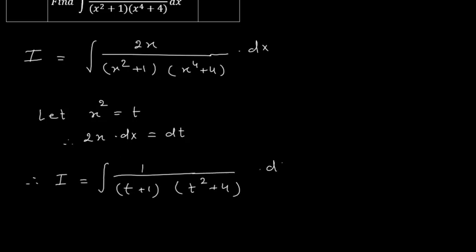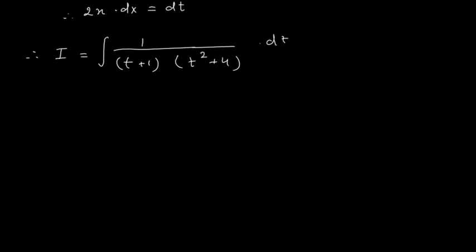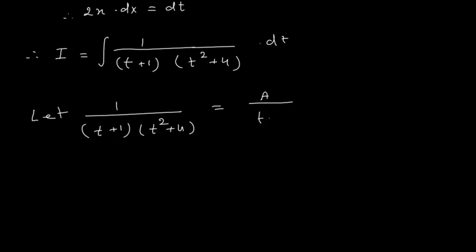Again using partial fractions, let 1 upon t plus 1 into t square plus 4 be a upon t plus 1 plus bt plus c upon t square plus 4.